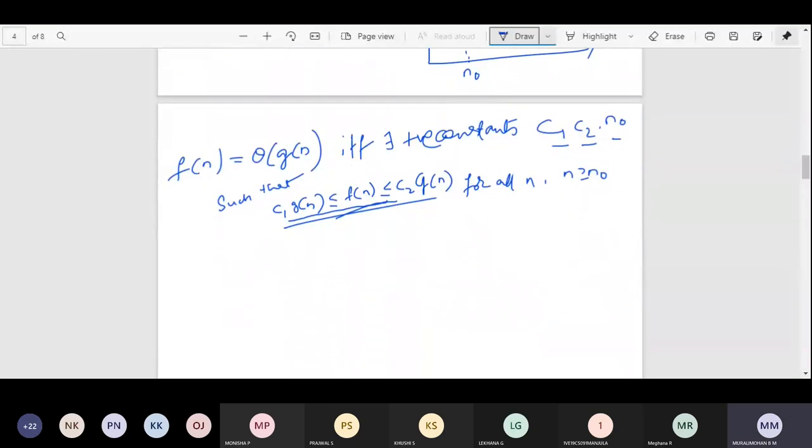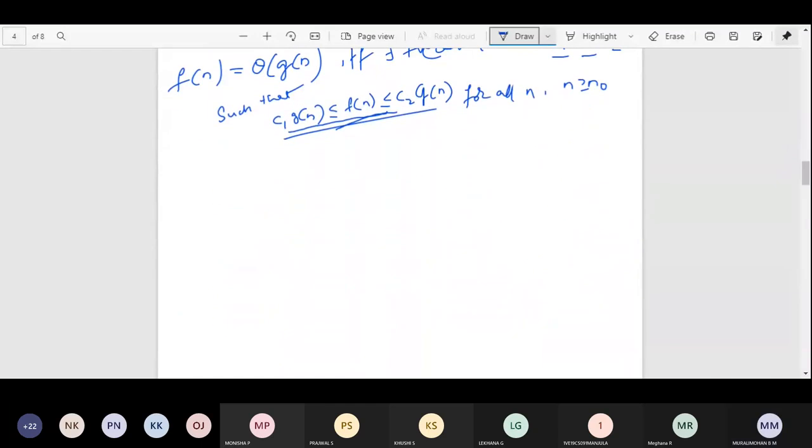Okay, so we will call it the average case. Can we solve one example, please? That is 3n plus 2 is equal to theta of n.